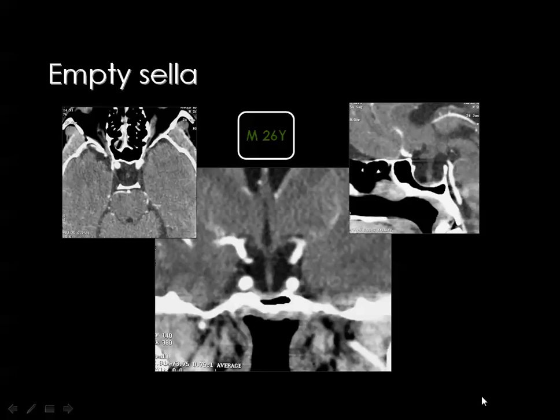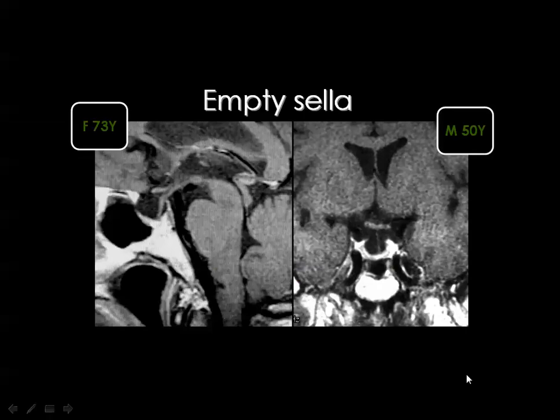pituitary fossa. And in the axial images, you cannot appreciate the possibility of empty Sella, since normally you can see the infundibular stalk surrounded by CSF. But in the sagittal and coronal planes, if you see that the infundibular stalk is dipping inside the Sella below the level of the posterior clinoids, then this is an empty Sella.